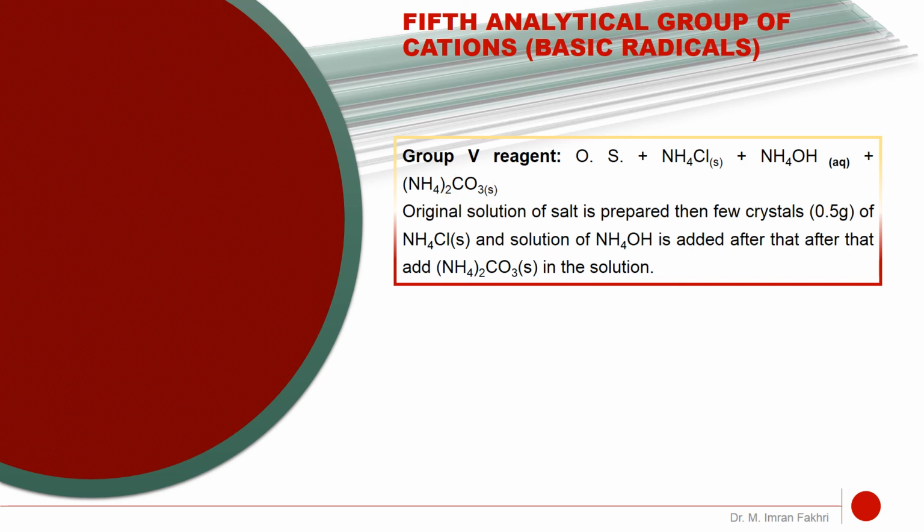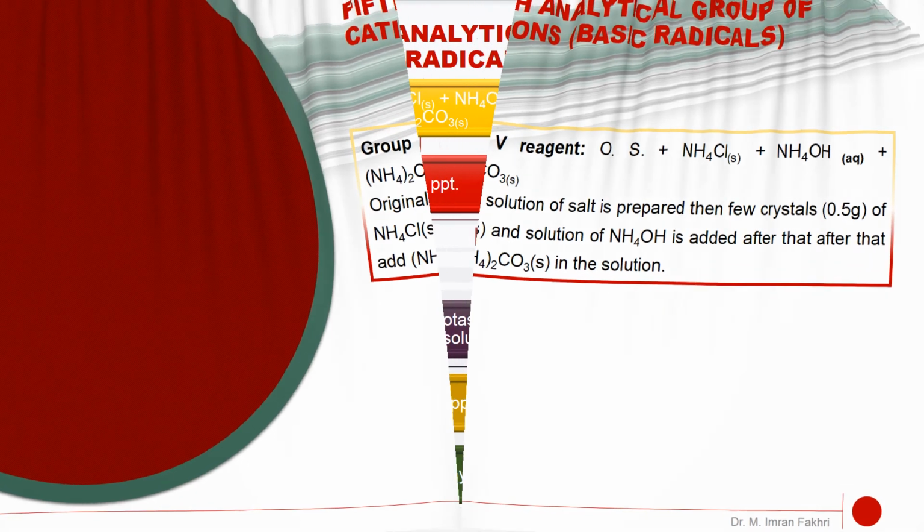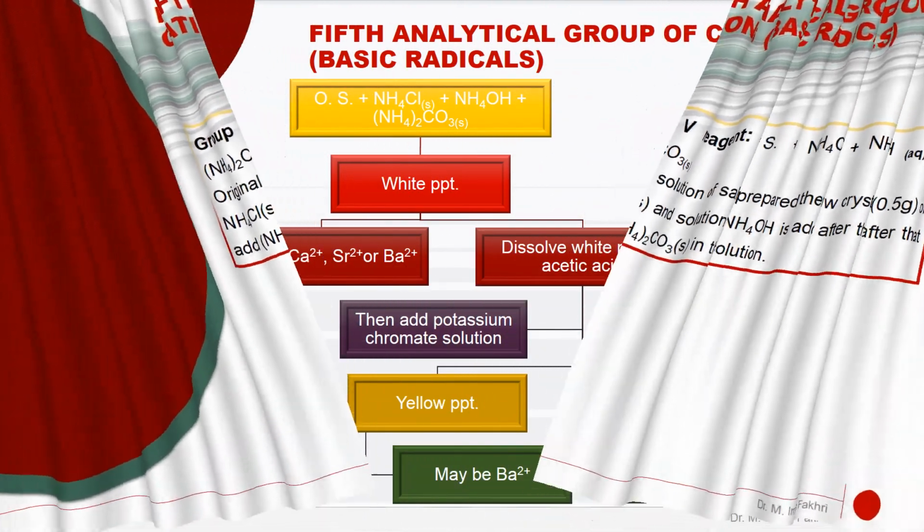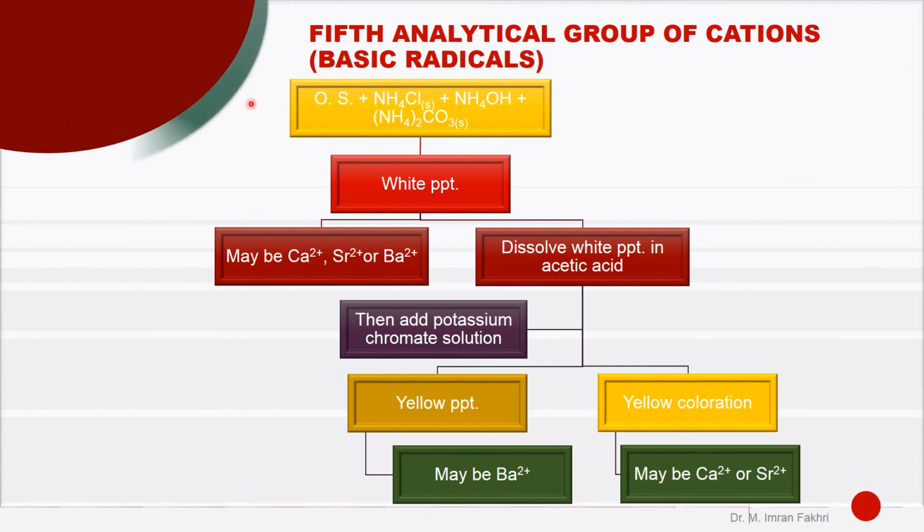Their carbonates are insoluble in water. After the addition of ammonium chloride, ammonium hydroxide, and ammonium carbonate to the original solution, we obtain a white precipitate. This means that the fifth group cations, calcium ion, strontium ion, and barium ion, may be present.